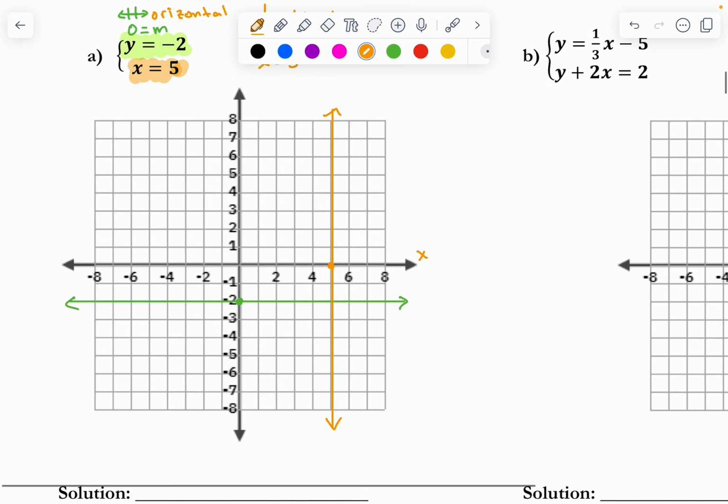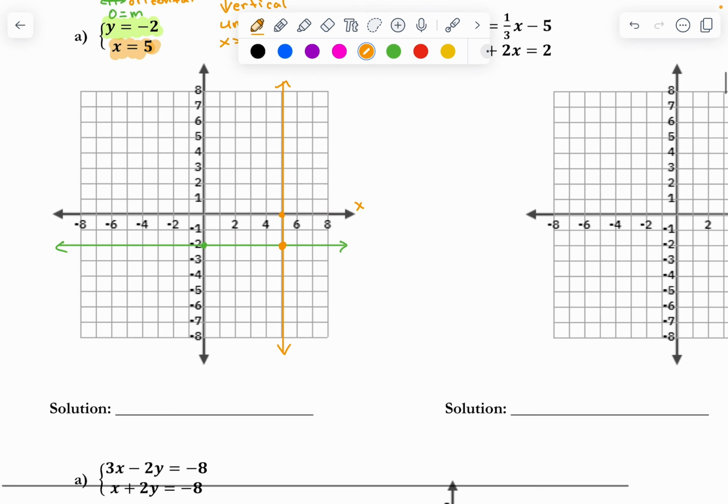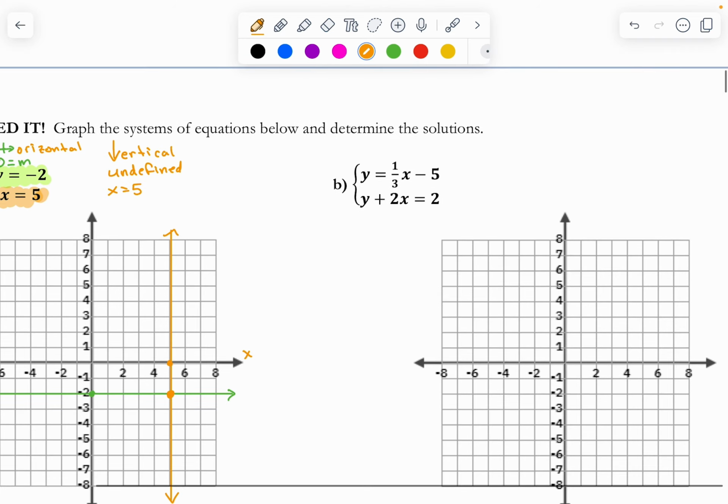That's going to be my line, and we cross right there. And notice, really, the reason I love these is that they are just the copy-paste of the 2 numbers we had. 5 is my x, y is my -2. That's it, we're done. Super great, super fast, super easy.